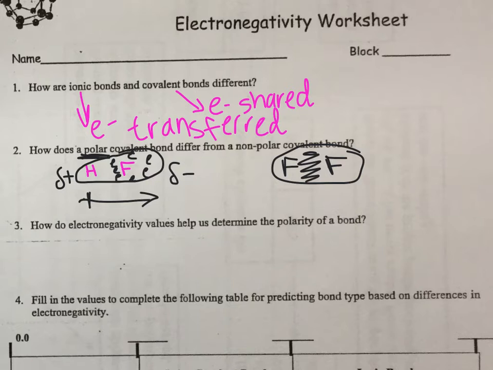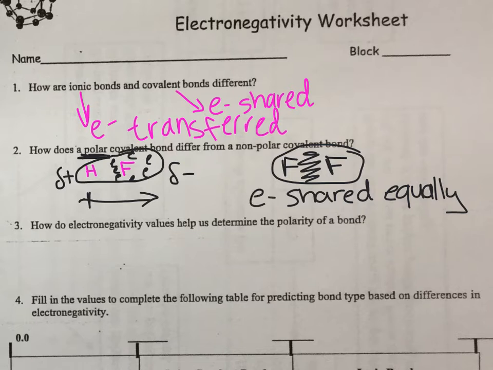I would say lopsided. It's the one that's truly not balanced. Non-polar means it's pretty uniform throughout, so this is shared equally. I do want you to write that here. The difference is that polar ones are not shared equally, and non-polar ones are shared equally. We're talking about the electrons specifically.